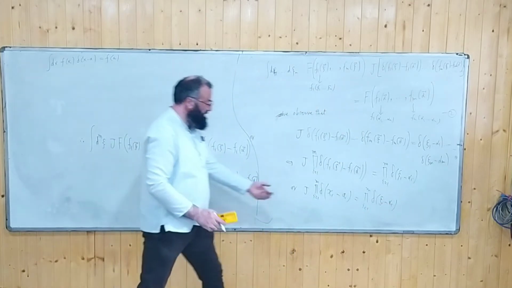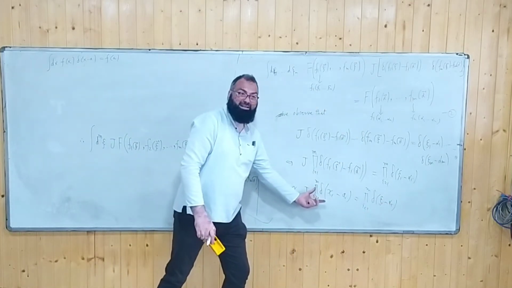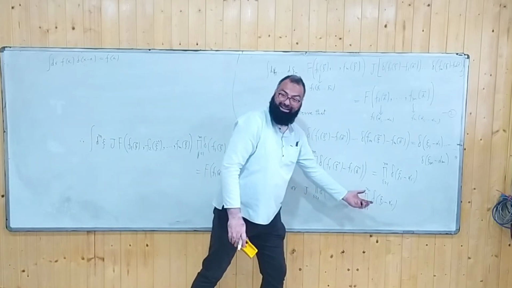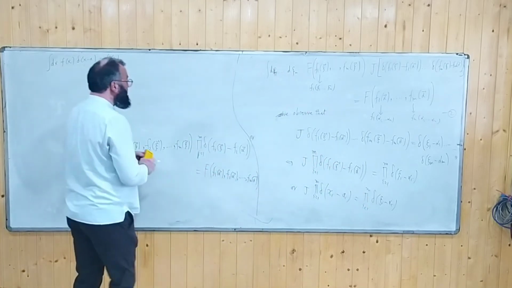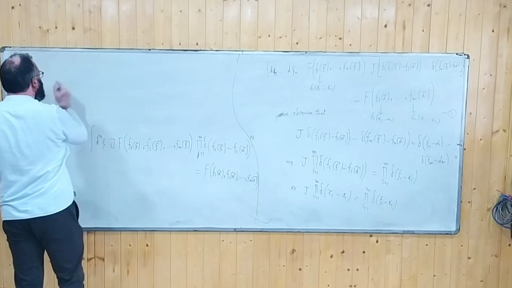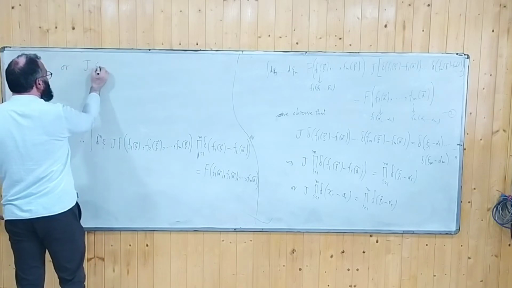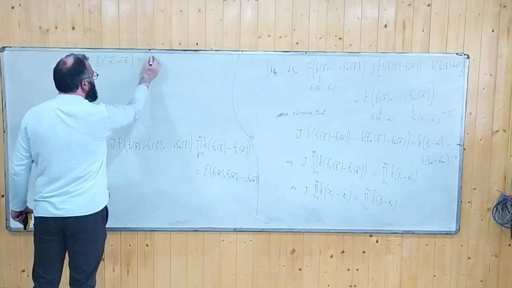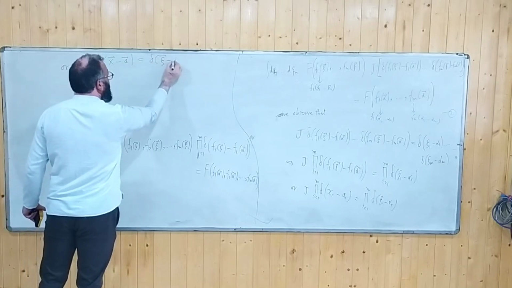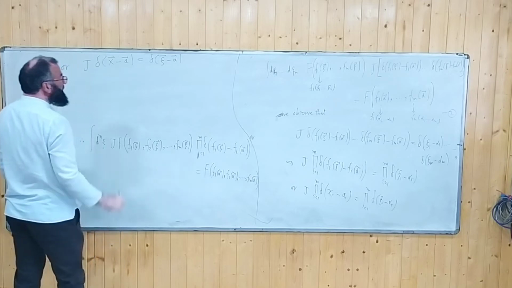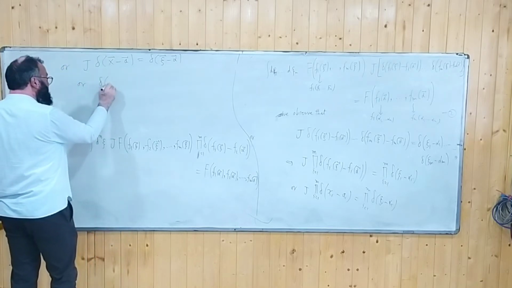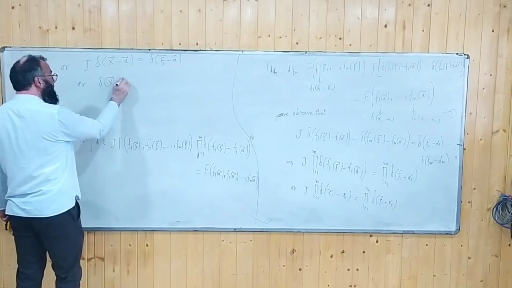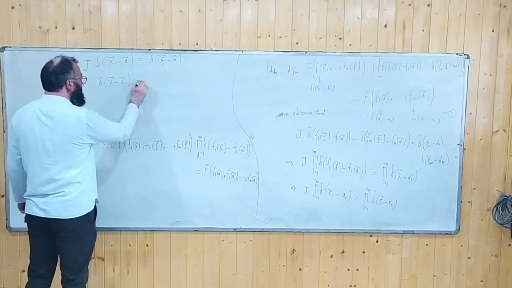Now this is the delta function in the Cartesian coordinate system, and this is the delta function in the transformed frame. So I can write J times delta of x minus a, which is the same as delta of zeta minus alpha.